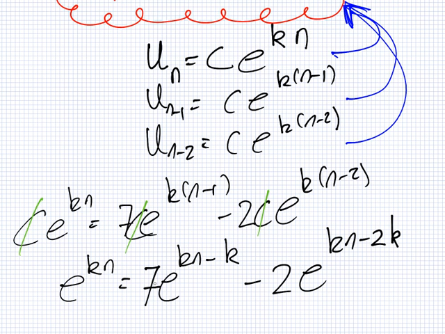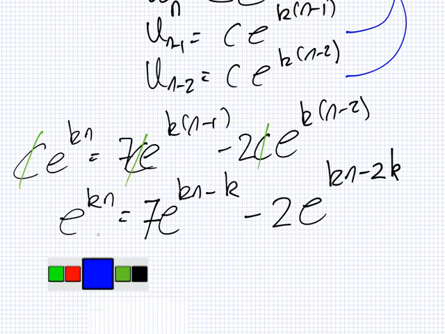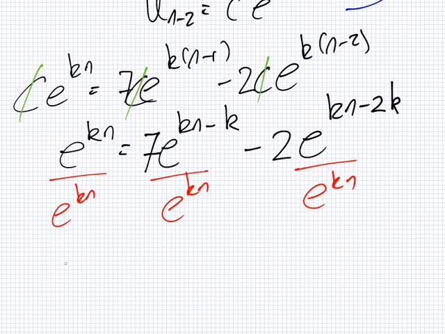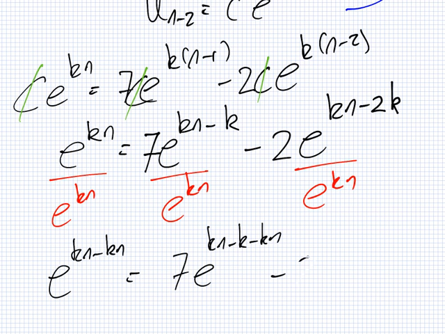Divide all by e^(kn). Yeah. Divide everything now by e to the kn. So the powers subtract: kn minus kn equals 7 e^(kn-k-kn) minus 2 e^(kn-2k-kn). So that cancels that, that cancels that, that cancels that.